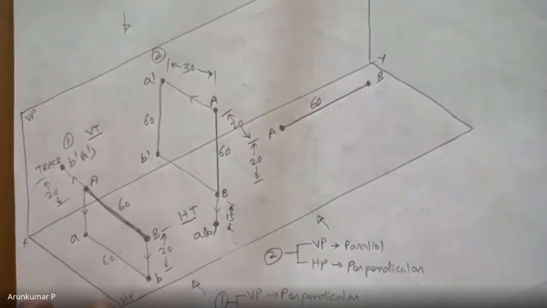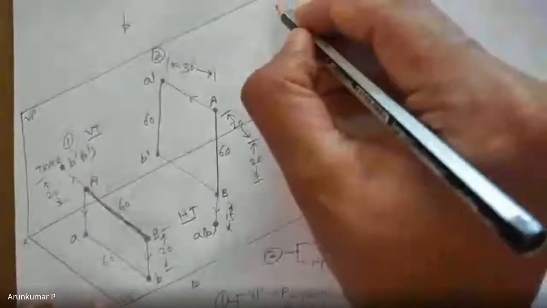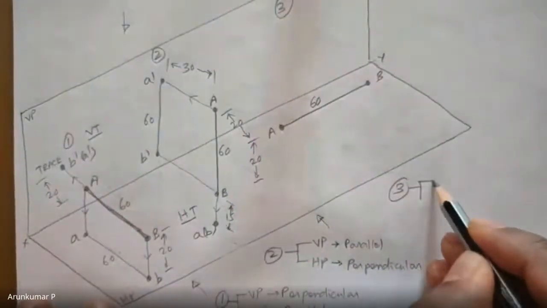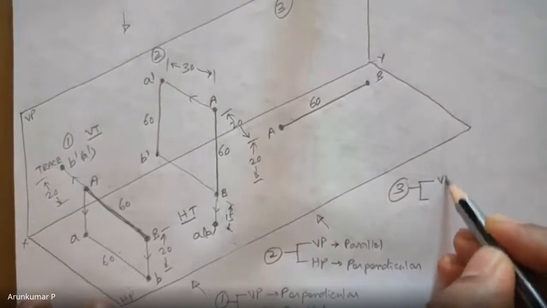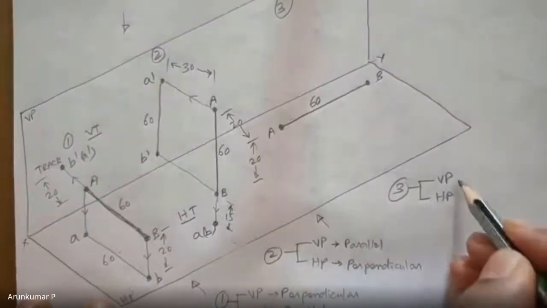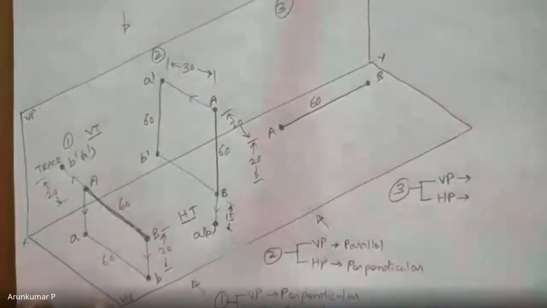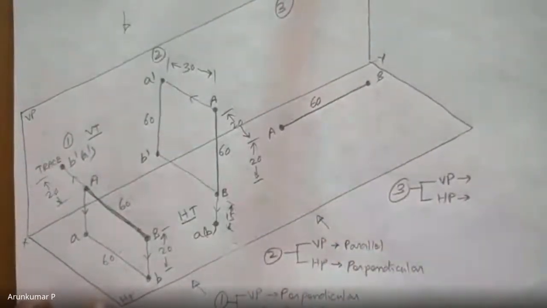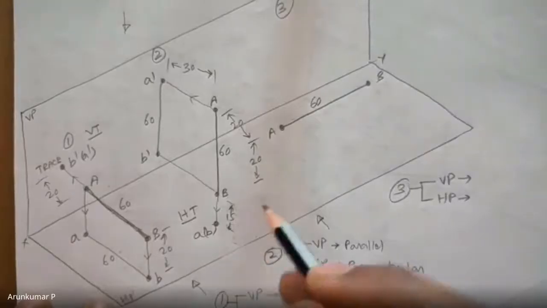Okay. Now tell me, if this is the line, then is it parallel to HP, or is it parallel to VP, or is it parallel to both? Both. Exactly, both. Let us check it out.